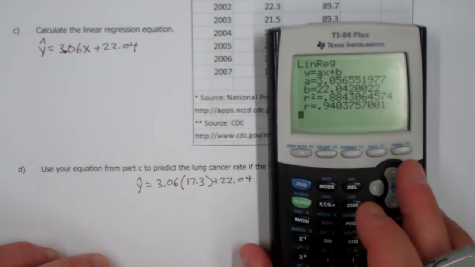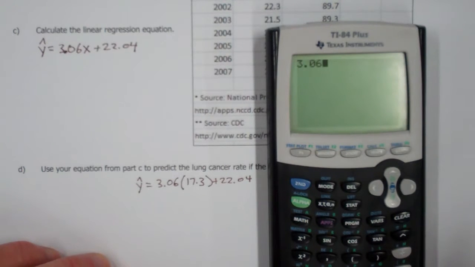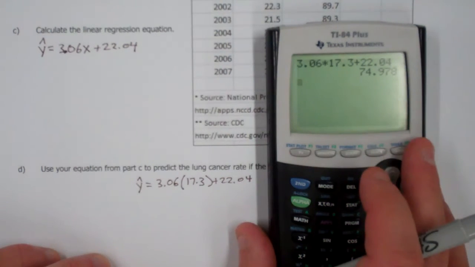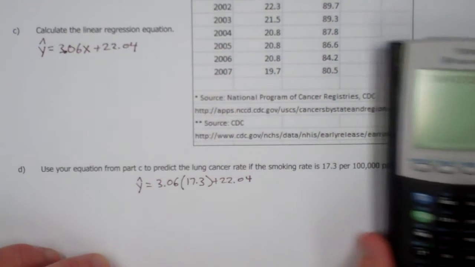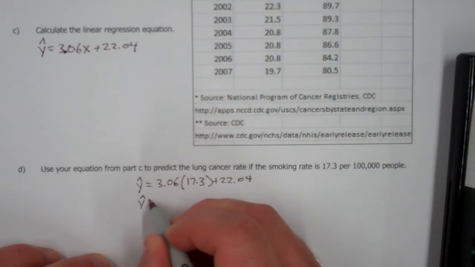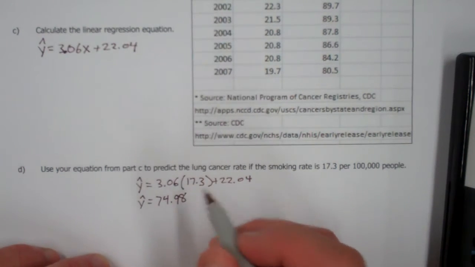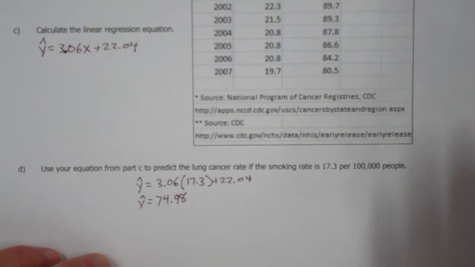So all I'm going to do is just type this in the calculator, 3.06 times 17.3 plus 22.04, and hit enter. And we get 74.978, or about 74.98. So y hat here will be 74.98. That makes sense in terms of the data as well.